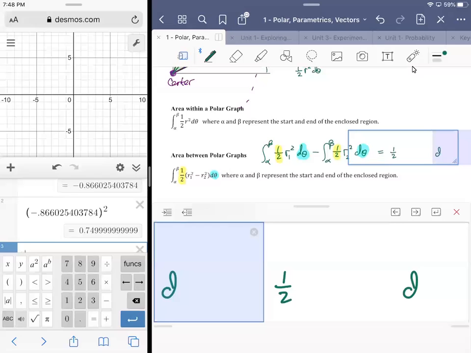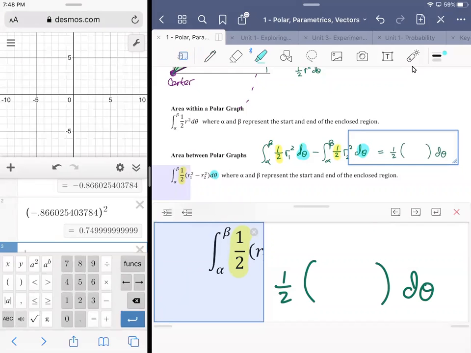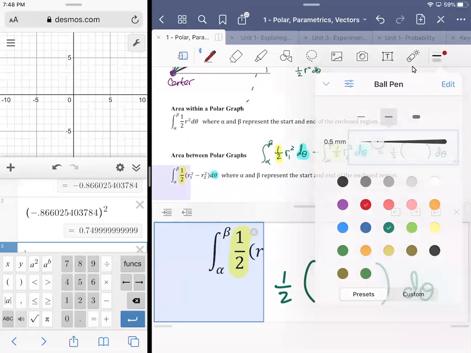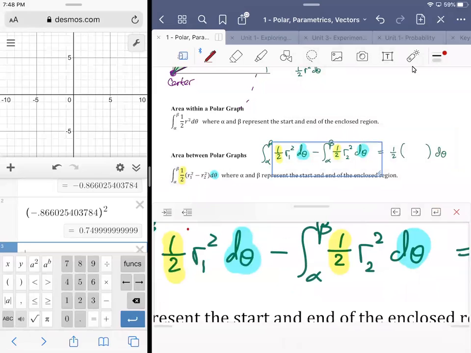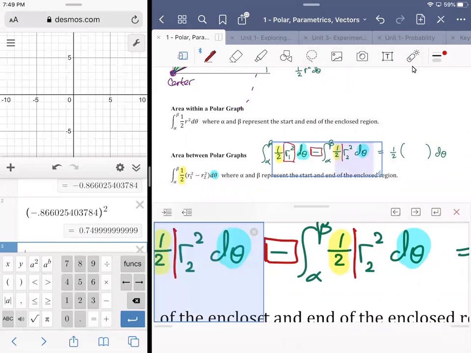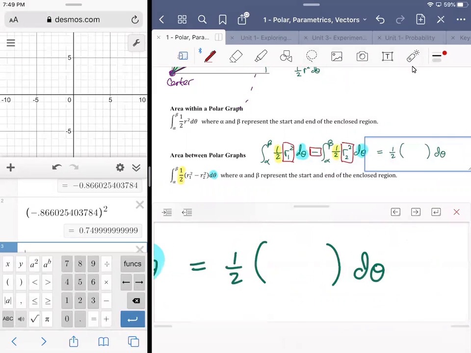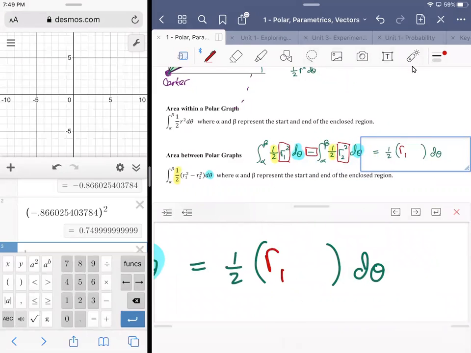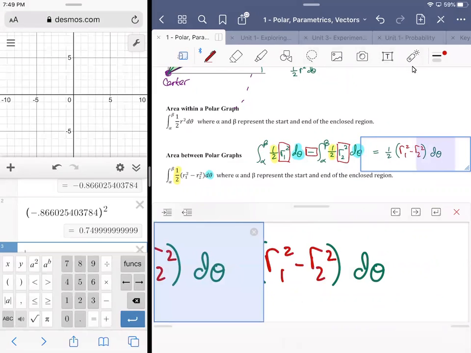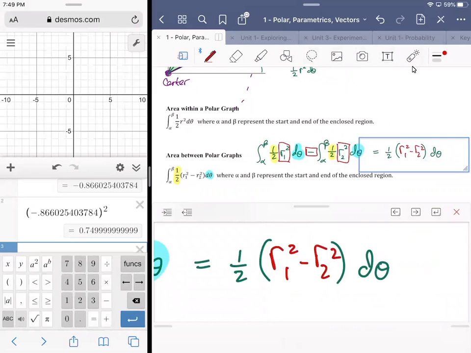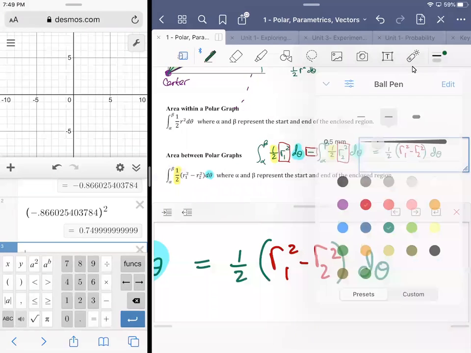Those are going to be subtracted, and you have that d theta at the end. But those two are the only things that vary. Let me go red for those keeping score at home. It's going to be this one minus this one. And then we just slap the integration symbol around it with the appropriate bounds.